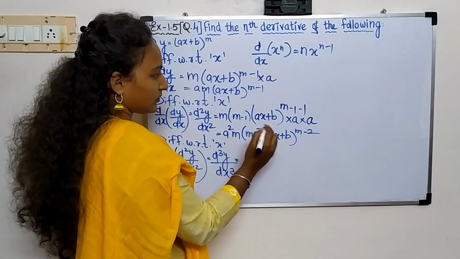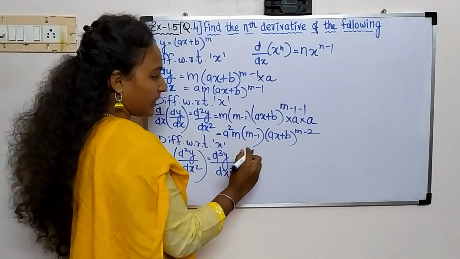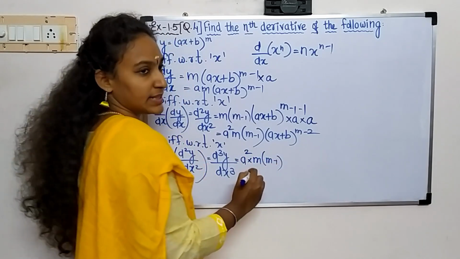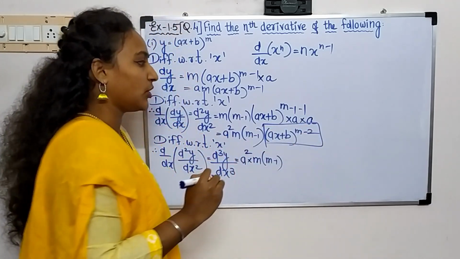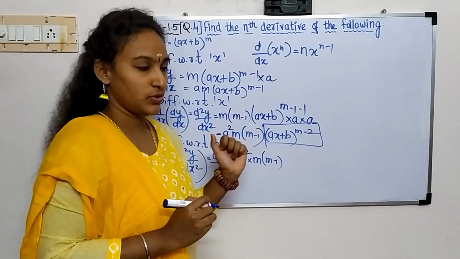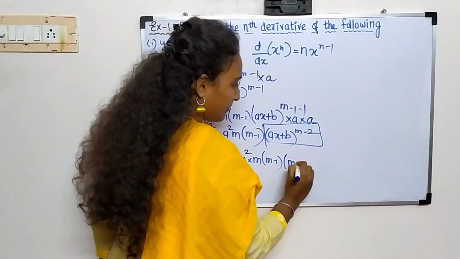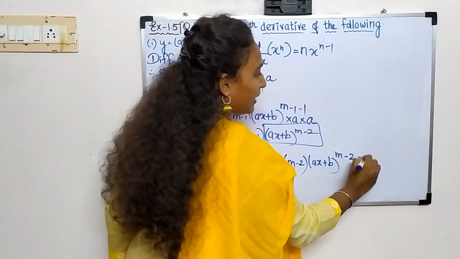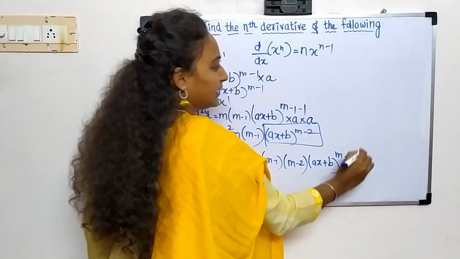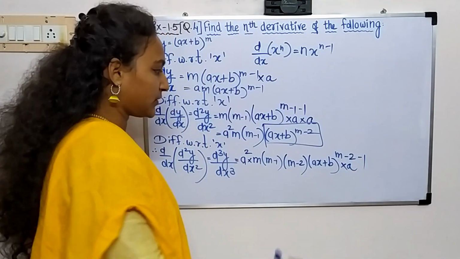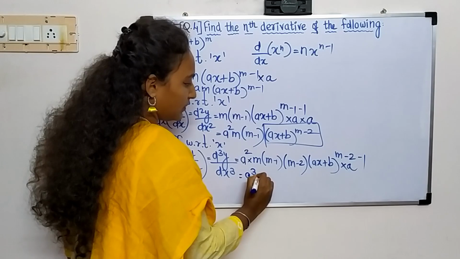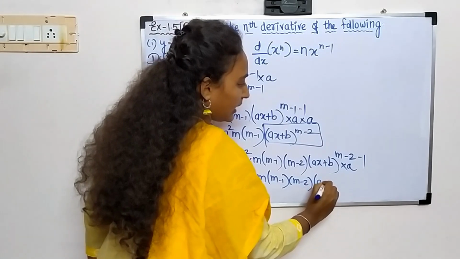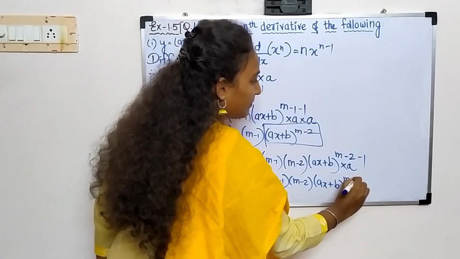See, now we have a square as it is, m as it is, m minus 1 as it is. Now we are going to find the derivative of (ax plus b) raised to m minus 2. That will be m minus 2 into (ax plus b) raised to m minus 2 minus 1 and multiplied with a. Now we can write it in the simplest form, that is a cube m into m minus 1 into m minus 2 (ax plus b) raised to m minus 3.